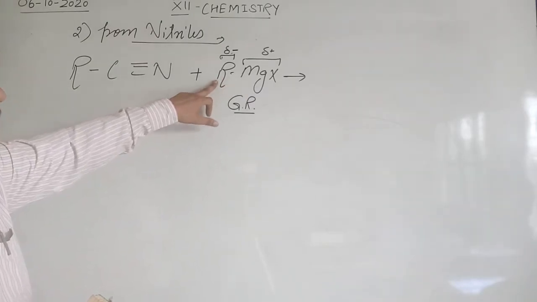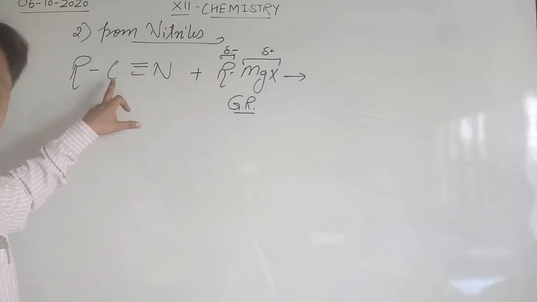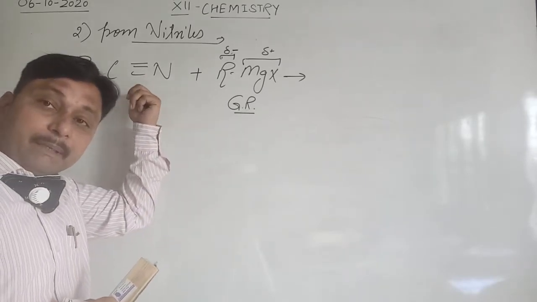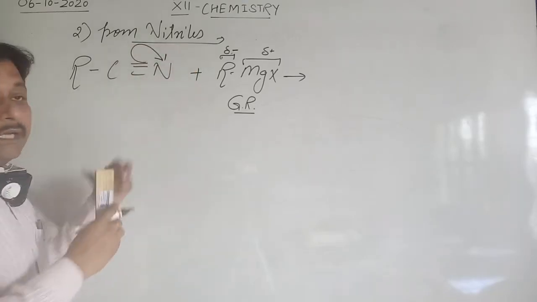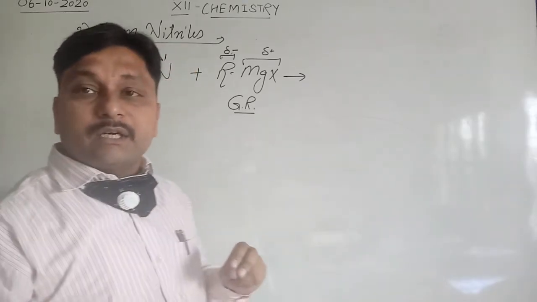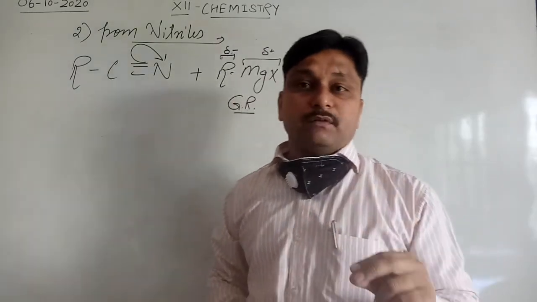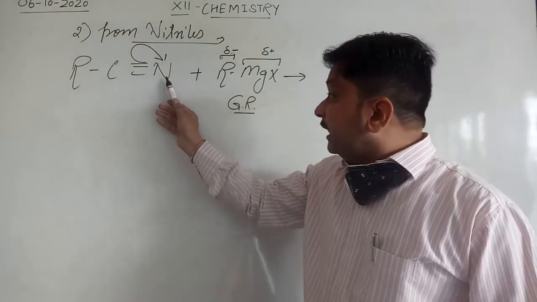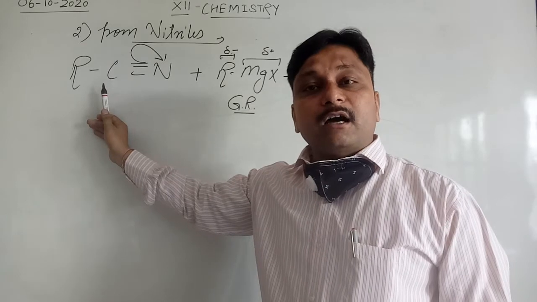This partially negative charge will approach the less polar compound, that is the carbon atom, because of the presence of the multiple bond between C and N, the pi bond will shift onto the nitrogen atom, and nitrogen gets negatively charged and carbon positively charged. So this negatively charged nitrogen behaves as a nucleophile and reacts with MgX, and the alkyl group will attack this carbon atom.